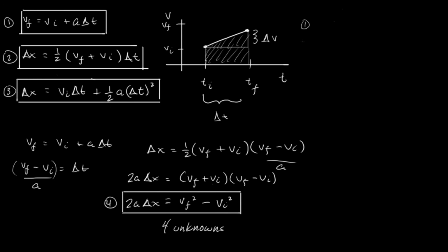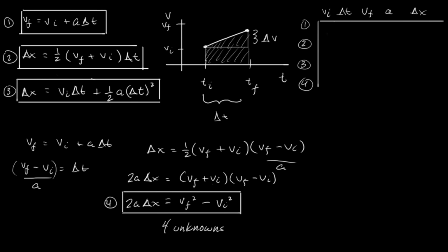So we have equation 1, equation 2, equation 3, equation 4, and I've got v sub I, a delta t, a v sub f, an a, and a delta x.